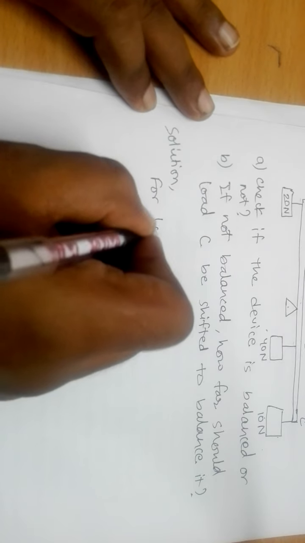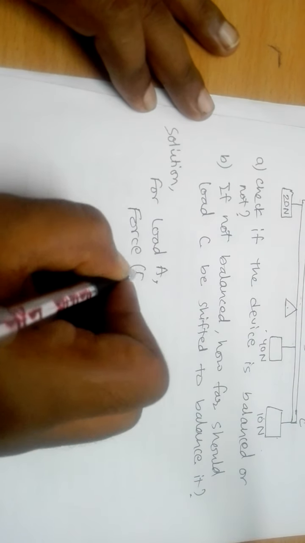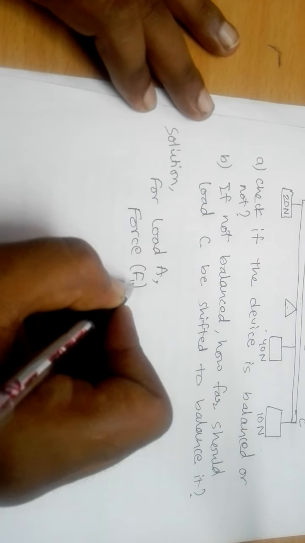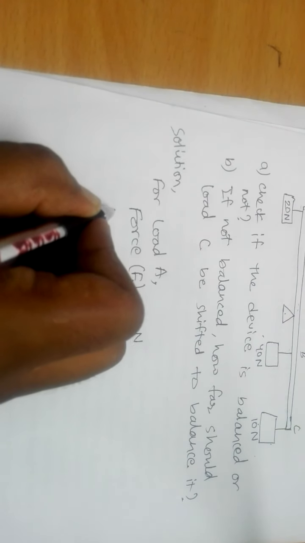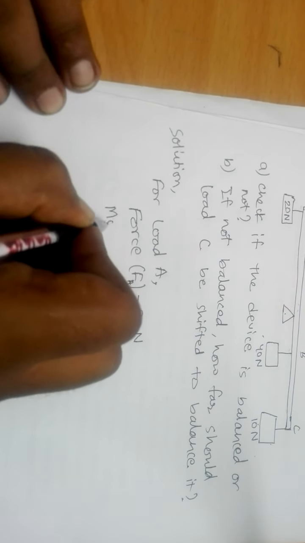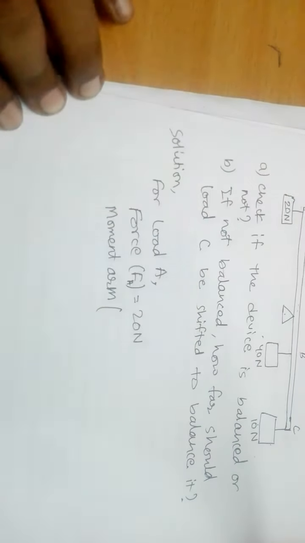For load A, how much force does it have? F1 or FA is equal to 20 Newton, and moment arm means the distance between load and fulcrum.